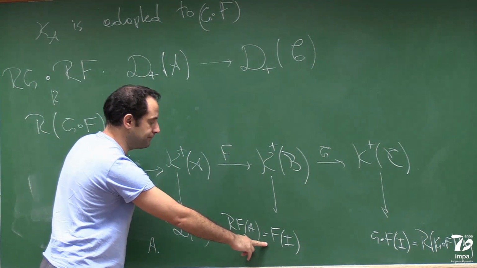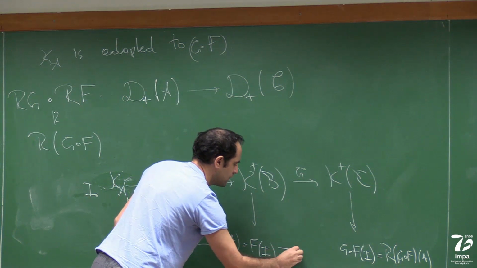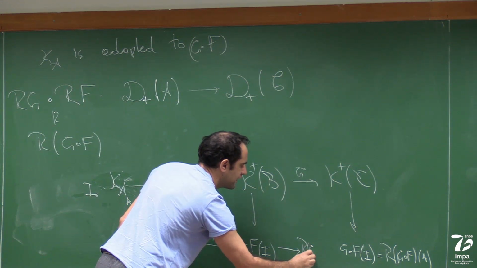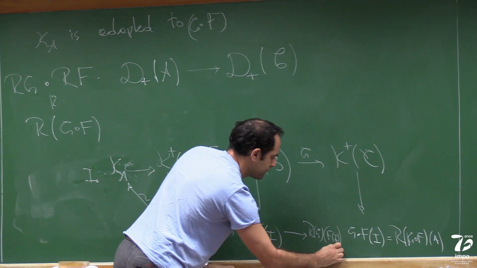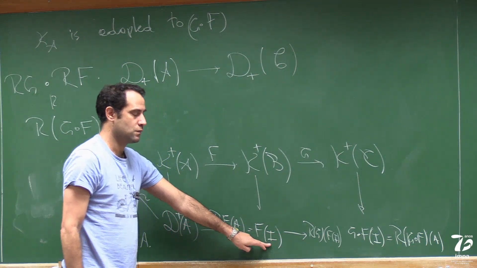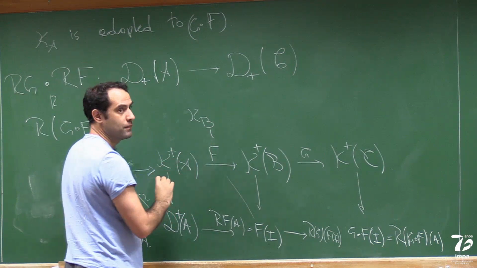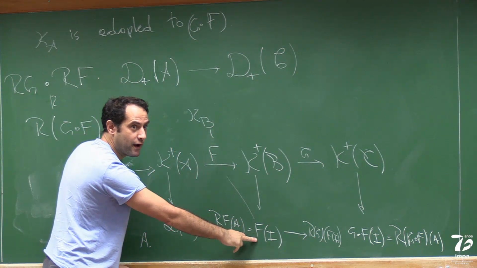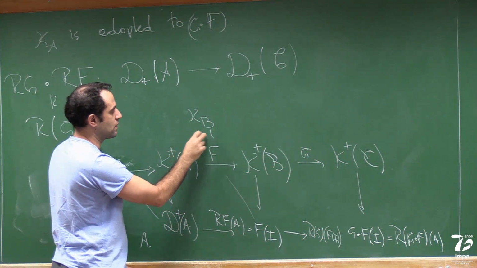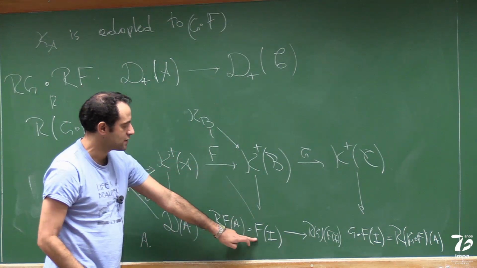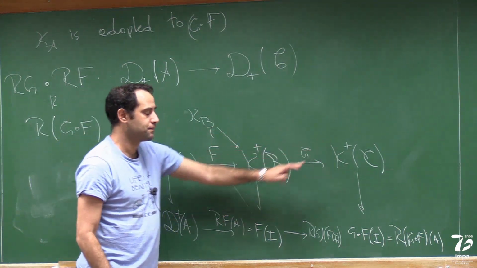How about here? If I want to compute the derived functor of G applied to this object, to F of I, what do I need to do? Well, I need to look at KB, find something that is isomorphic to this F of I inside of here, and then apply G. That's the definition. I need something that is isomorphic to this F of I, which is itself RF of A, and apply G to that.